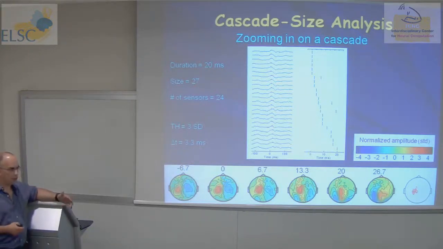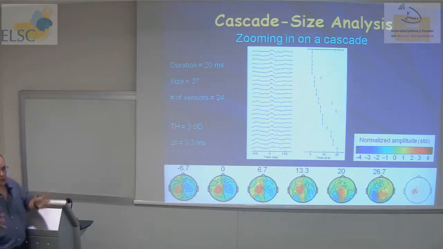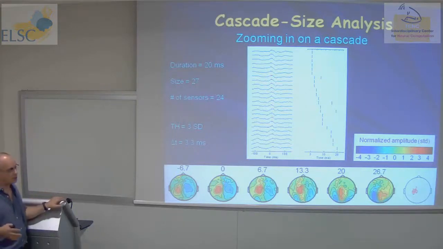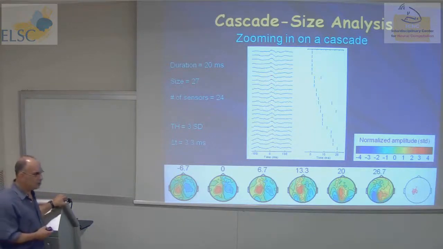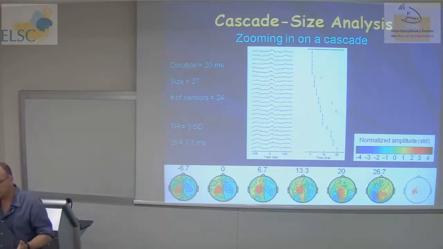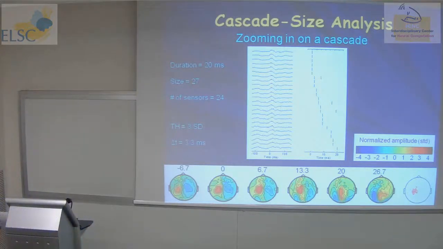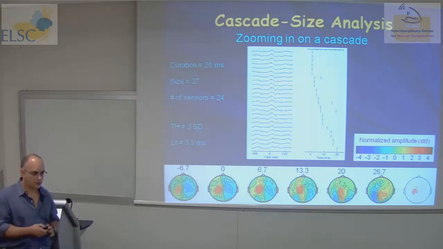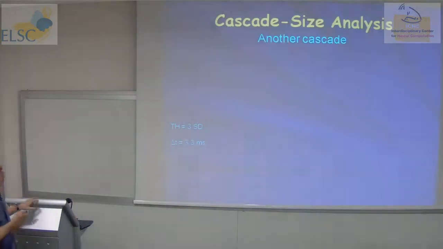I did some quantitative analysis, and typically, although we use only temporal information, only proximity in time to segment the cascades, they turn out to be relatively spatially contiguous, more than what you would expect from randomness. And again, part of it may come from sensor overlap, but because these are extended in time, part of it is really some kind of propagation of the activity. This is what we believe.